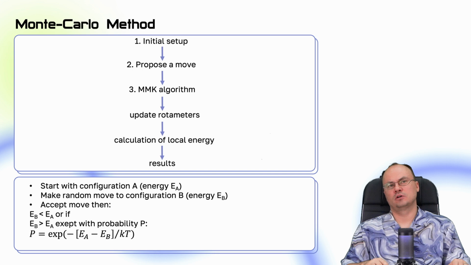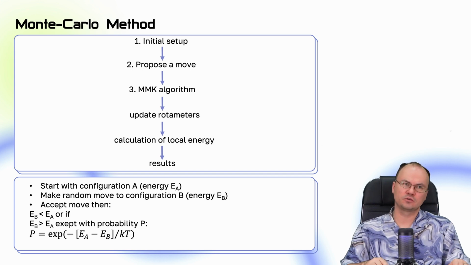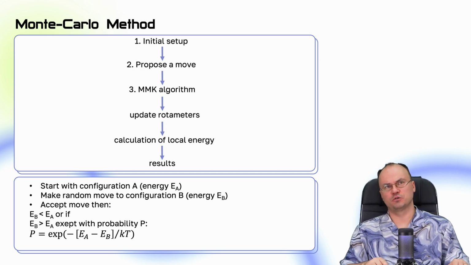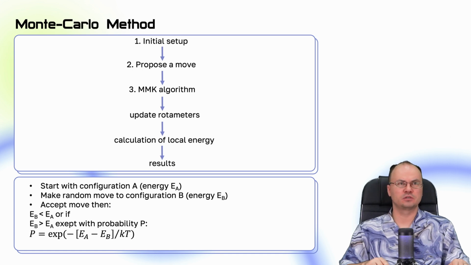The other algorithm is called the Monte Carlo technique, and this algorithm is based on the Metropolis criterion, which I'm not going into details about due to the time frame. The Monte Carlo algorithm starts from the initial setup. Then the researcher specifies some moves of the molecules, and after that one could calculate the local energy of the molecule.